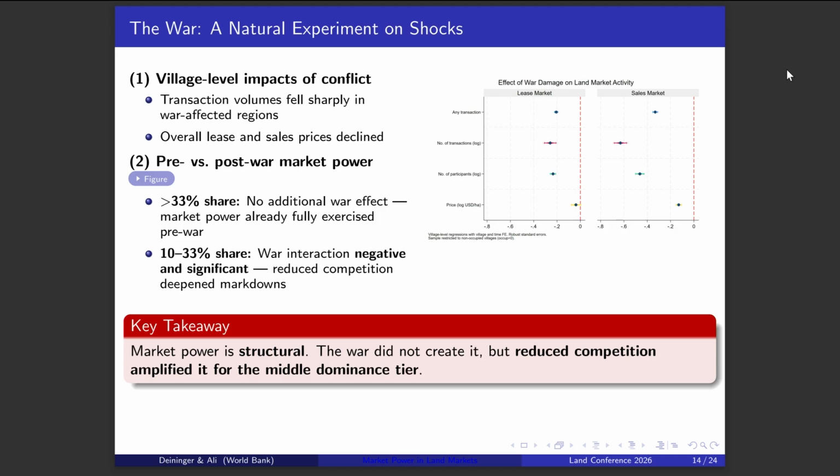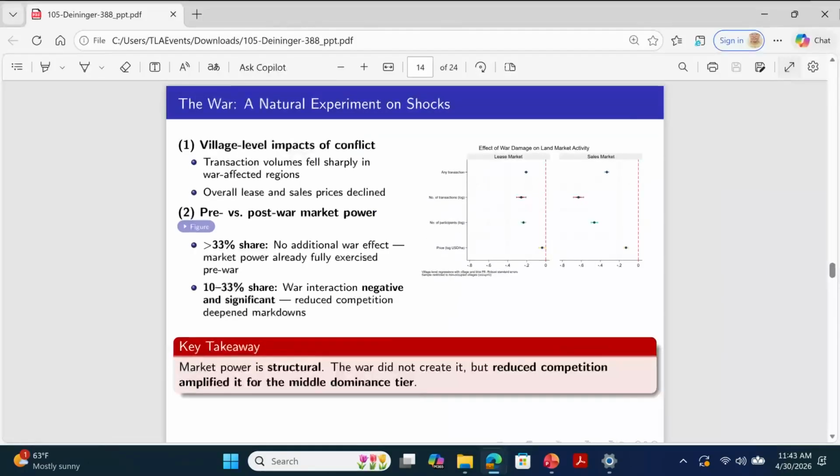Market power was already fully exercised before the war. But for the group with 10 to 33% share, the war interaction is negative and significant. That means reduced competition deepened markdowns for this group of farmers.